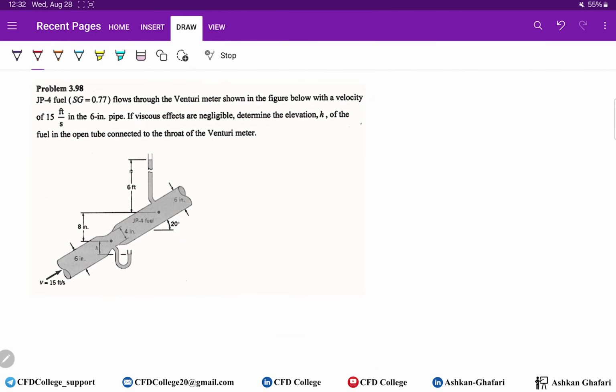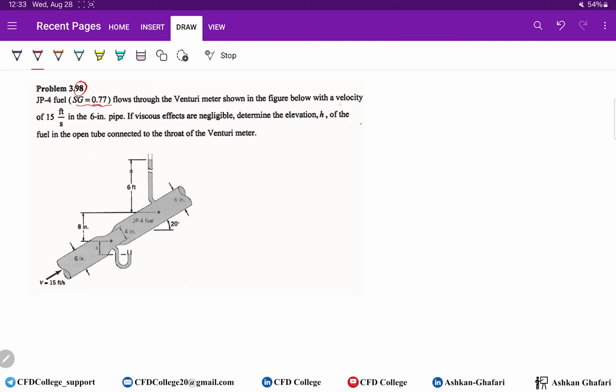Problem number 98 of chapter 3. Here we have a JP4 fuel. We have a Venturi, and a JP4 fuel with SG of 0.77 flows through this Venturi meter. Okay, so we know the gamma, specific weight of the liquid.